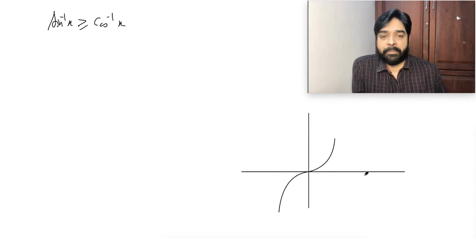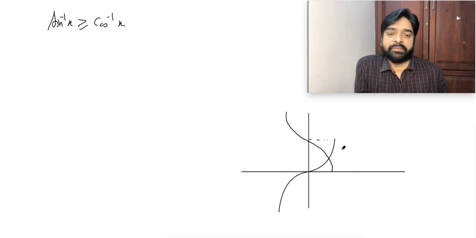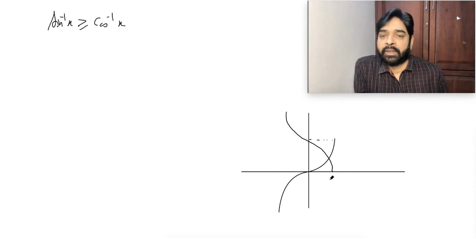This is the sin inverse x graph. Cos inverse x graph starts from here and passes through here. So I cannot draw the exact graph, just a simple rough graph. This is the graph. Am I right?